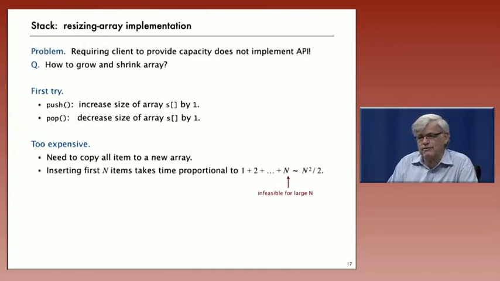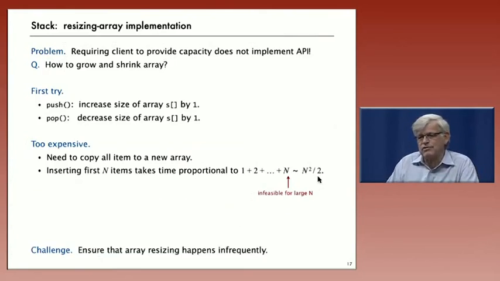So inserting the first n items would take time proportional to, if the stack is of size n minus 1, n minus 2, n minus 1. So the first n items would take the sum of the first n integers, which we know is about n squared over 2. Quadratic time to insert n items into a stack; that kind of performance is unacceptable for large problems, as we will see many times.